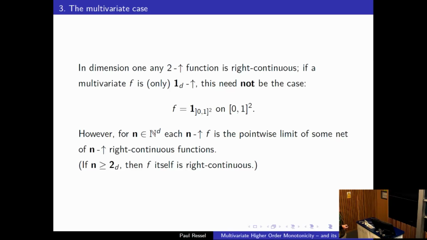However, in some applications, the following result is usable. For every n in N^d, so also if there are some ones, otherwise it's easier, each n-increasing function is a pointwise limit of some net of n-increasing right continuous functions. It's not necessary if the components are all at least 2, because then f itself is right continuous.